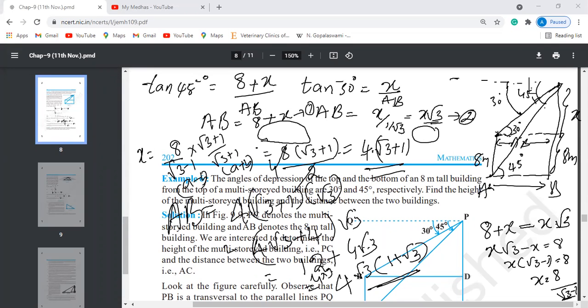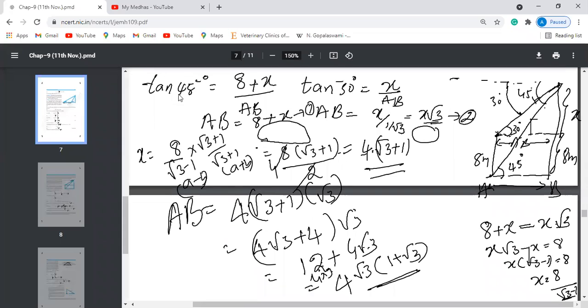So this is a, just give me a minute, I'll check whether it's correct or not. Yeah, it's correct.